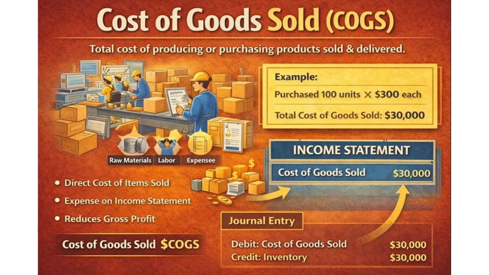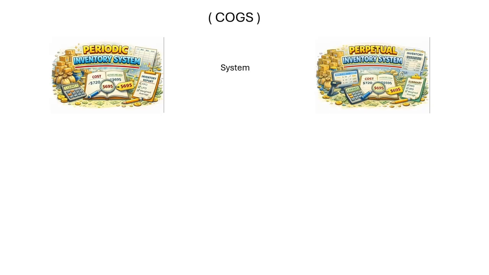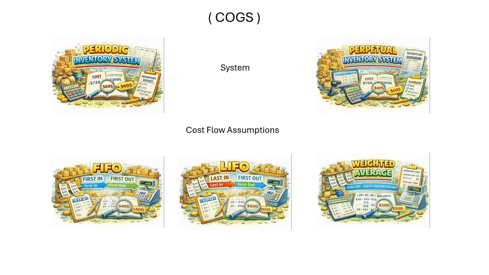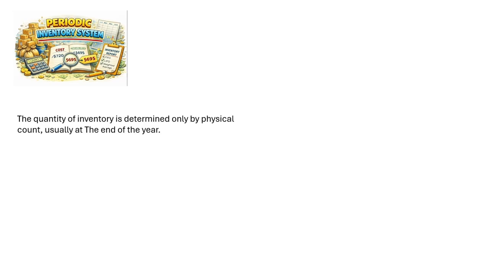For the cost of goods sold, there are two systems and three cost flow assumptions to determine it. The first system is the periodic inventory system. In this system, the quantity of inventory is determined only by physical count, usually at the end of the year.